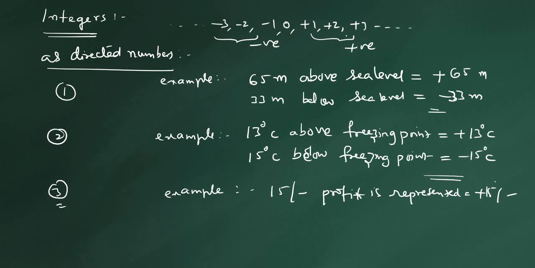Suppose 36 rupees is the loss, then this is represented by minus 36 rupees. So likewise, we will use integers as directed numbers. Okay.